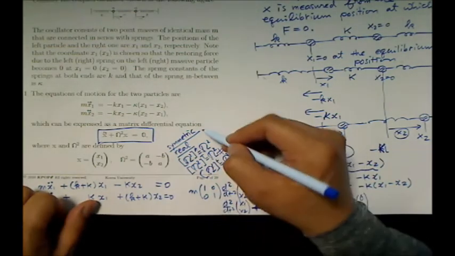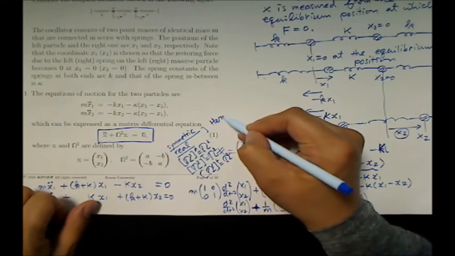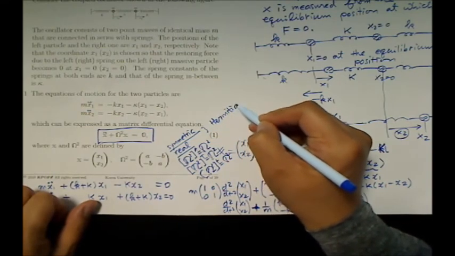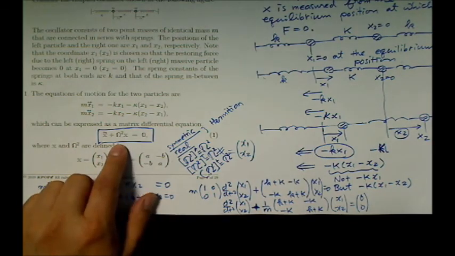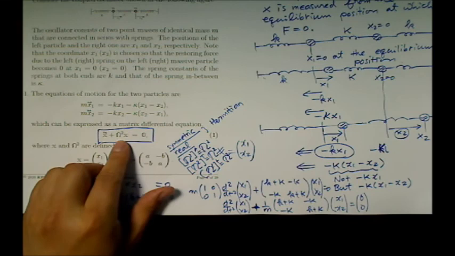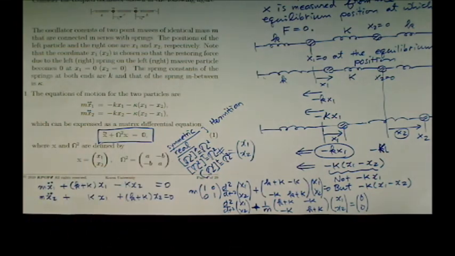That means it is Hermitian. We recall that any Hermitian matrix can be diagonalizable. As a result, if we can diagonalize this matrix, then this coupled equation becomes completely decoupled.